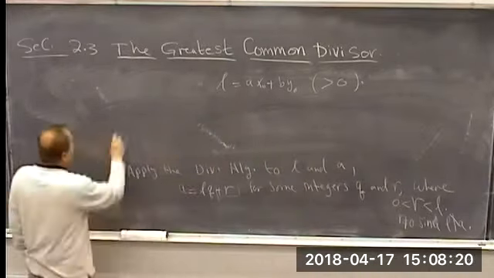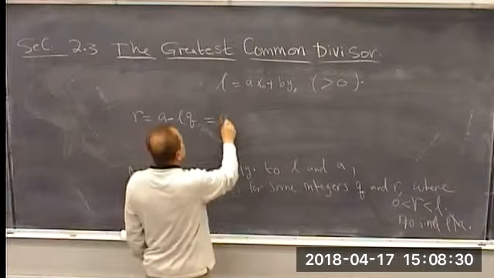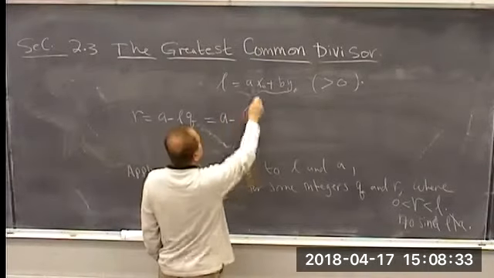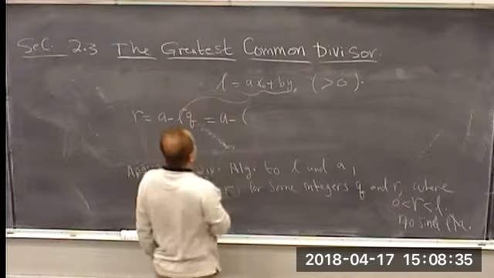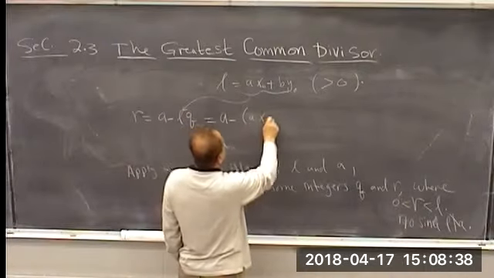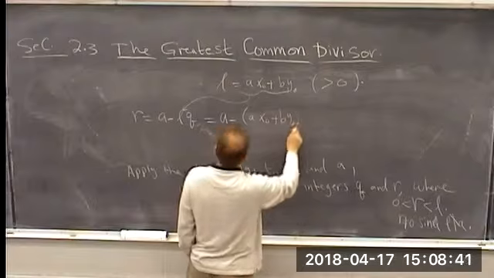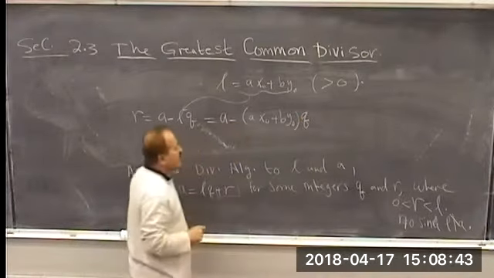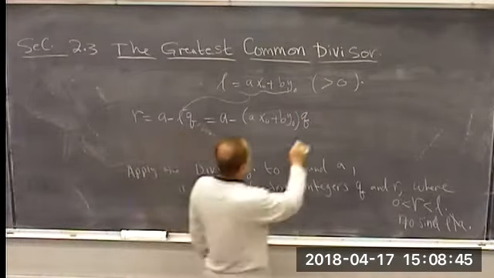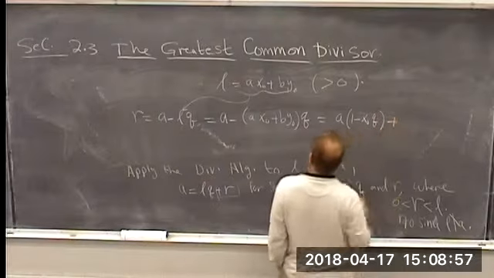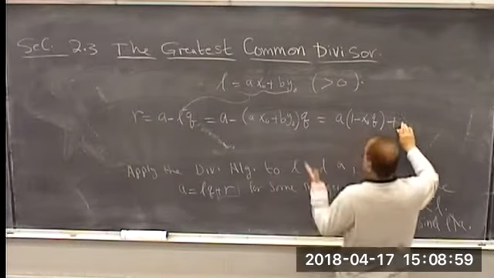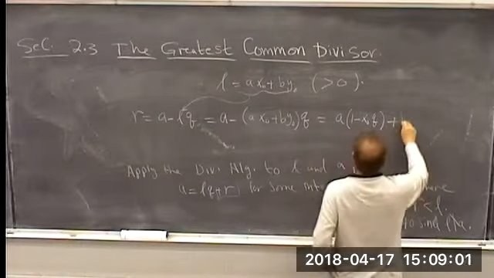And let me write what L is equal to. This is L. So we're going to replace this for L in here. So this is A x sub 0 plus B y sub 0 Q. And we can rewrite this and arrange it as A times (1 minus x sub 0 Q) plus B times (minus y sub 0 Q).